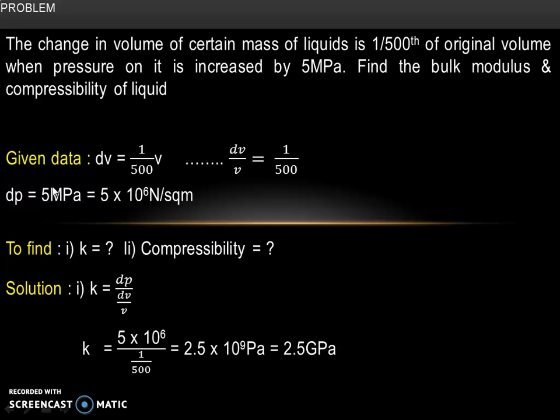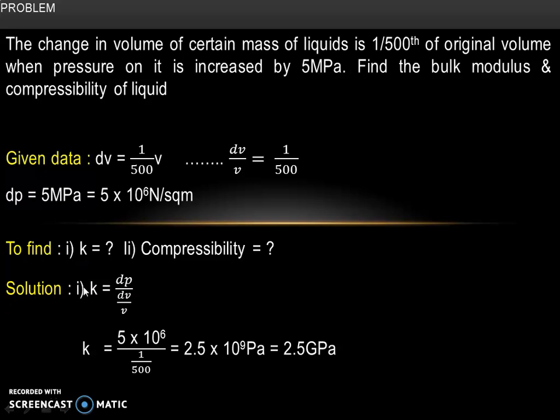So dP is equal to 5 MPa. Mega is 10 raised to 6. So 5 MPa is written as 5 into 10 raised to 6 Newton per square meter, as 1 Pascal is equal to 1 Newton per square meter. With these data, we need to find the bulk modulus and compressibility of the liquid.